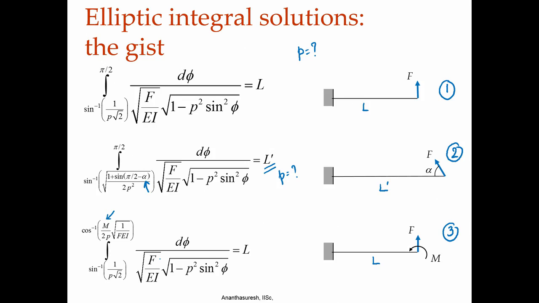In each of these cases, we have to solve the respective equation to find p. Once you have p, everything is known about the elastica that we have talked about in the last three lectures. Okay. Now, let us see what we can do with this for compliant mechanisms.